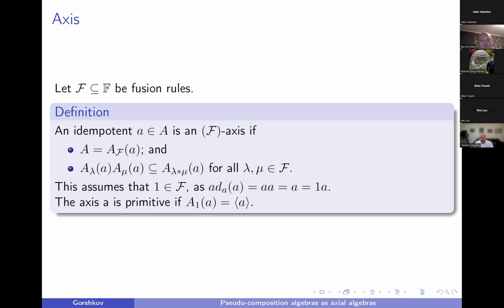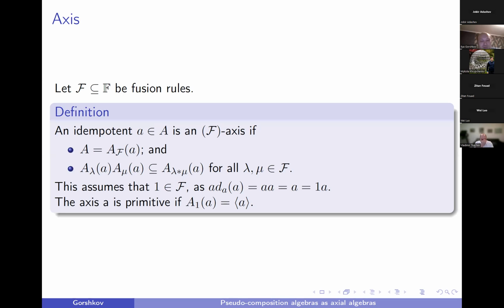We have a fusion rule, calligraphic F, and if we take an idempotent a of algebra A, then this idempotent is an F-axis, or if we know F, sometimes we will omit F and say that a is an axis, if the entire algebra A is a sum of eigenspaces with eigenvalues from calligraphic F, and multiplication of these eigenspaces satisfies the multiplication in the fusion law.